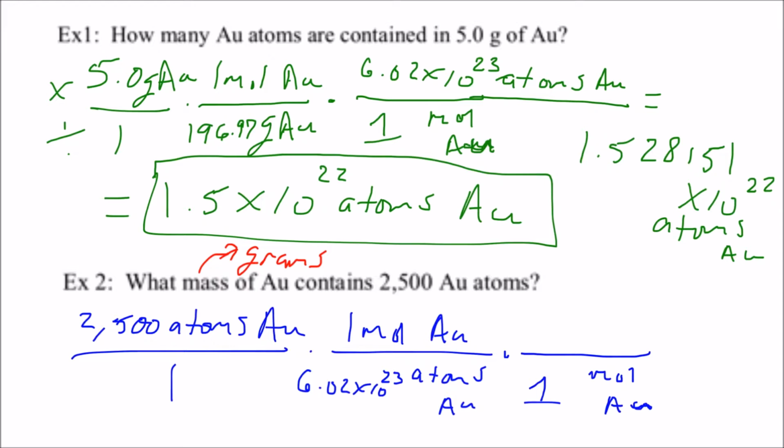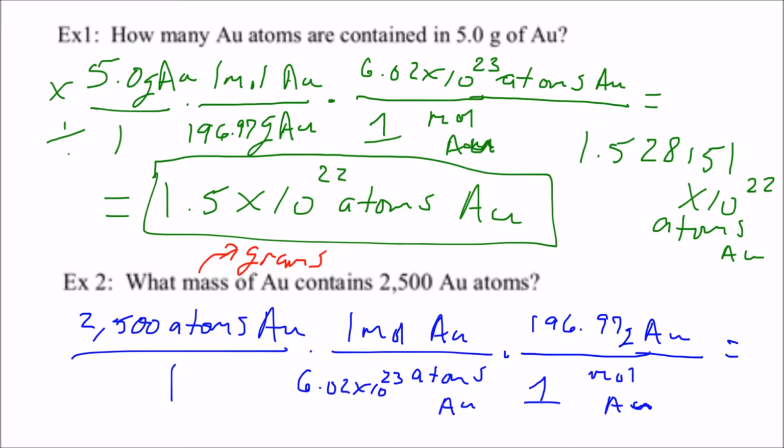Okay, so now we need to know the molar mass, because any time that we see the word grams, we know we have to go look at the periodic table. Okay, well, I'm going to skip that part because we already looked at the periodic table earlier and we saw that this was the molar mass of gold. So I'm going to bring that down here. 196.97 grams of gold is equal to 1 mole of gold.